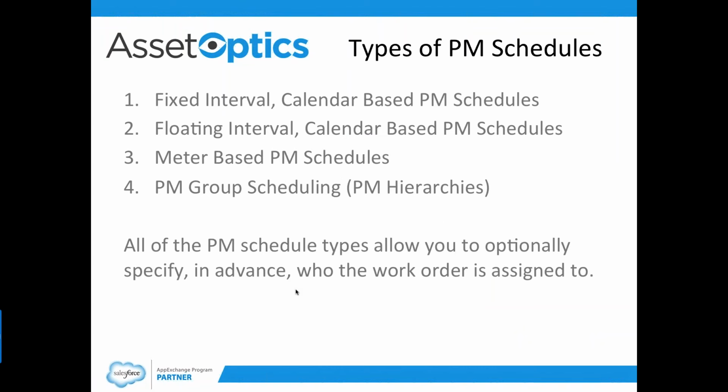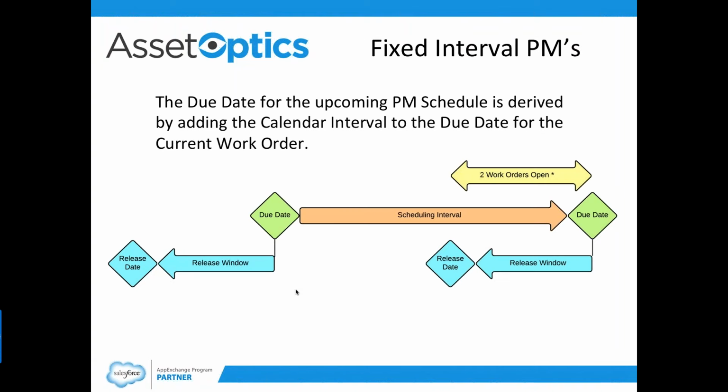So now, what are the different types of PM schedules that we offer in the system? Again, fixed interval calendar-based PM schedules, floating interval calendar-based PM schedules, meter-based PM schedules, and PM group schedules. This is something new: all of the different types allow you to do some pre-assignment at the PM schedule level if you want to do some automated job assignments.